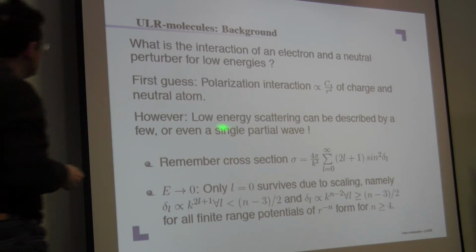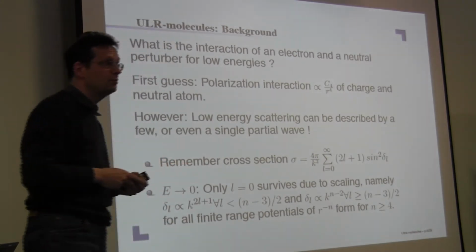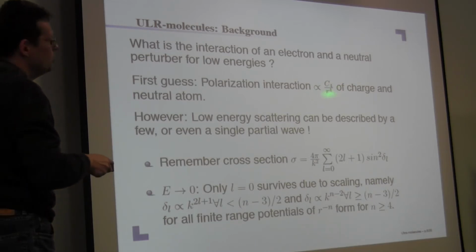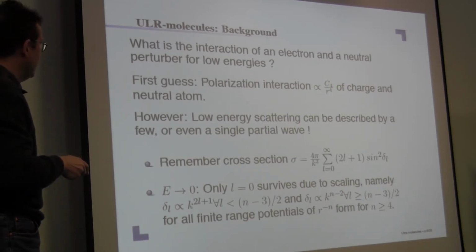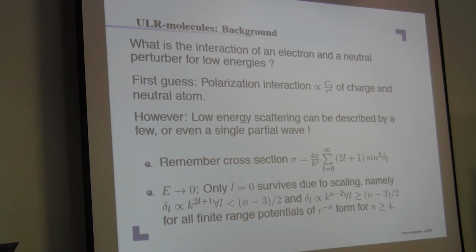Yeah? So this is low energy scattering, and we know for short range potentials how low energy scattering behaves. Short range means I have a high enough power of this 1 over r to the n behavior such that I get a definite behavior for the corresponding scattering phases. Let me go through this in small steps.